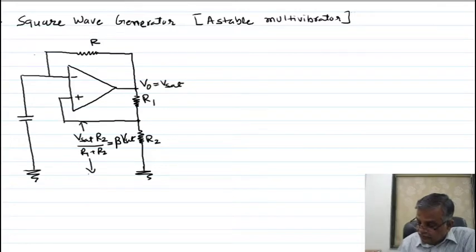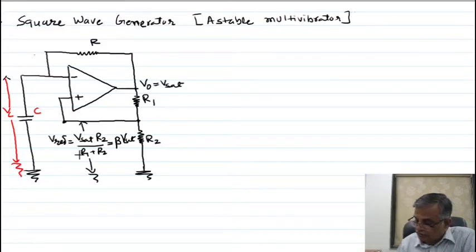This is with respect to ground. This voltage we write as the reference voltage, remember, and this voltage is the voltage across the capacitor. These are grounds. First, I will describe the circuit. Then second, I will explain how the square wave is generated.